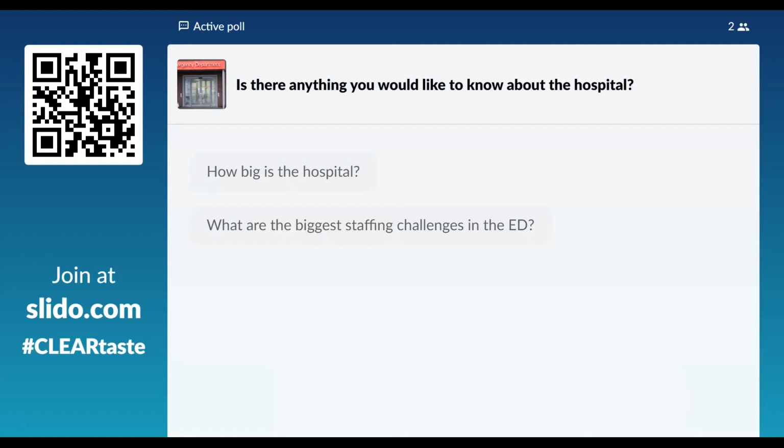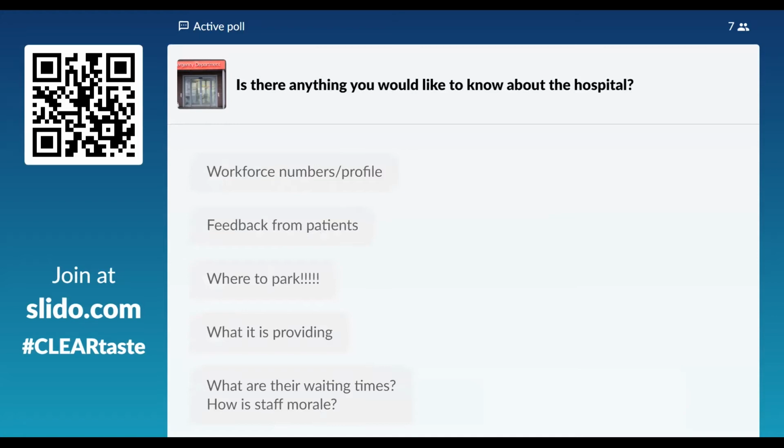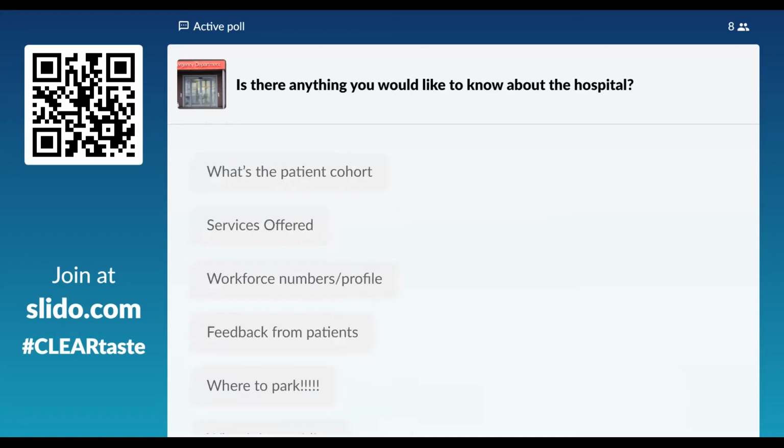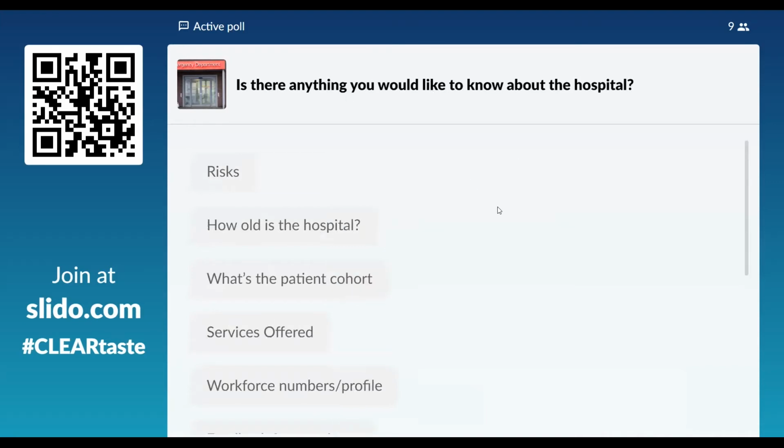How big is the hospital? Yeah, absolutely. What are the biggest staffing challenges? Very good. Any other things that you'd like to know? Services offered, yeah. Workforce numbers, profiles, so quite a lot of data about the hospital, feedback from patients, all of the documents behind the hospital, CQC reports, how old it is.